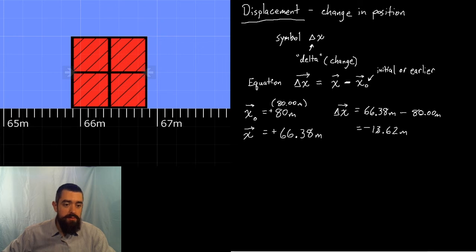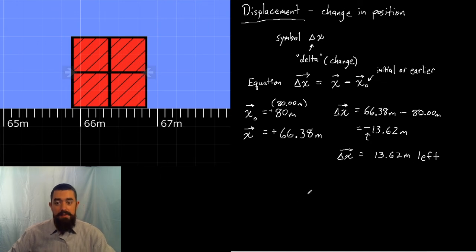So, great. What does this negative mean? It means a direction. So the better way to write this would be to say the magnitude, which means the absolute value of the number, 13.62 meters, and then I would include the direction instead of the negative sign, to the left.